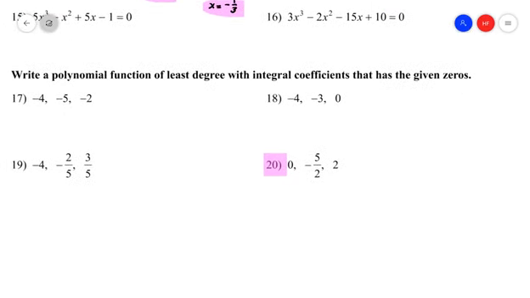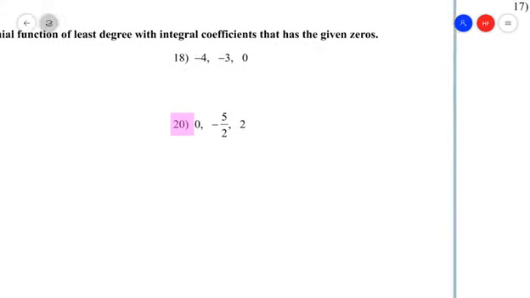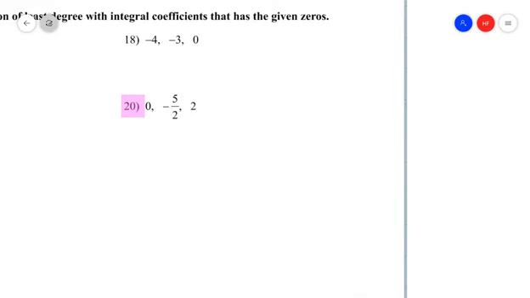And then lastly, we're going to write the polynomial function of least degree with integral coefficients that has the given zeros, which just means we want to write our polynomial function given these zeros. And on the test, it does ask for standard form, not factored, so we will have to multiply it out. But we're pros at multiplying it out because that's what we did on the last test.